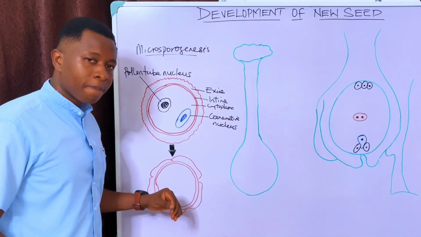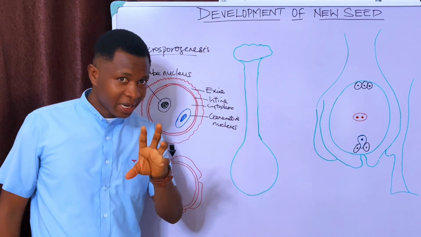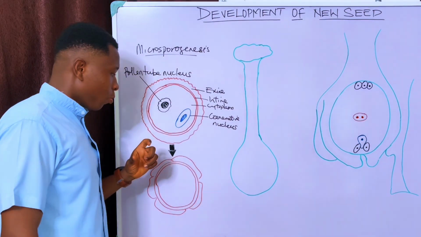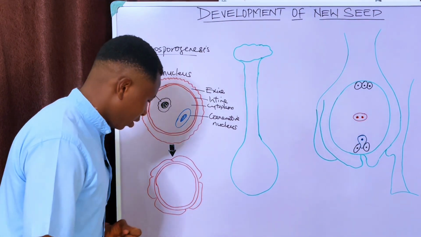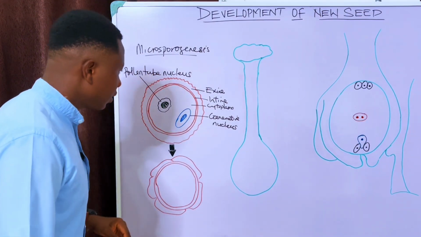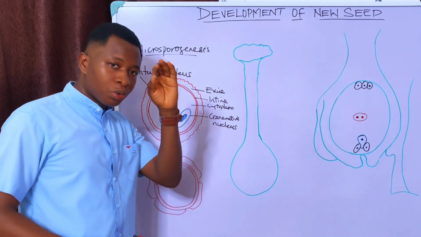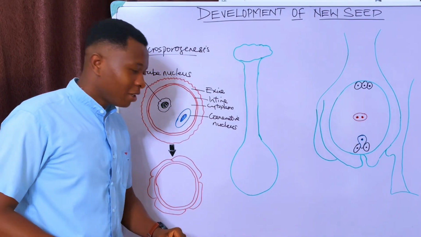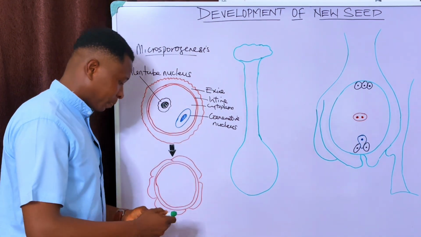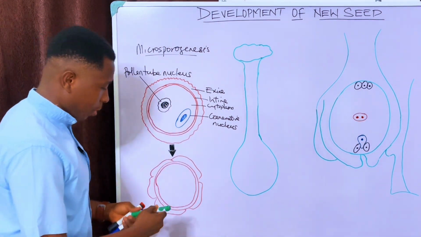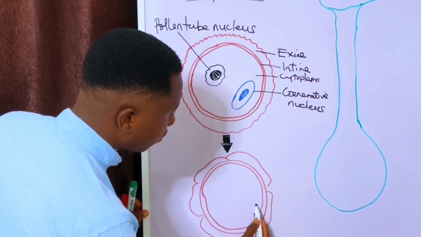After some time, this pollen grain will begin to germinate. We are going to demonstrate the germination of the pollen grains with this other diagram. Let's assume that the pollen grain lands on the stigma, because when it lands on the stigma, it begins to germinate down the style. The first thing that happens is that the pollen tube nucleus remains the way it is.